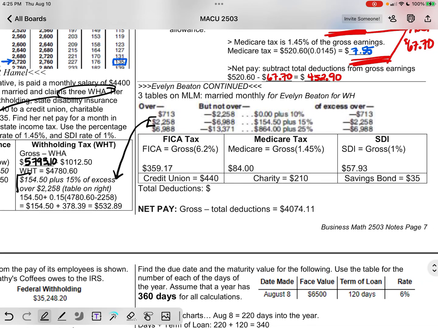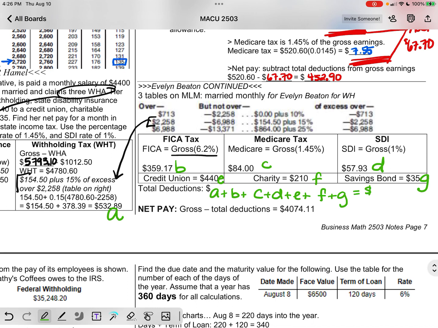And then I went ahead and performed the gross multiplied by 6.2%, as a decimal. I'm going to label this all for you: A, B, C, D, E, F, G. For your total deductions, you're going to add all of those answers together, all 7 of those.